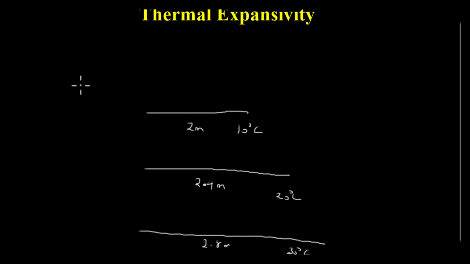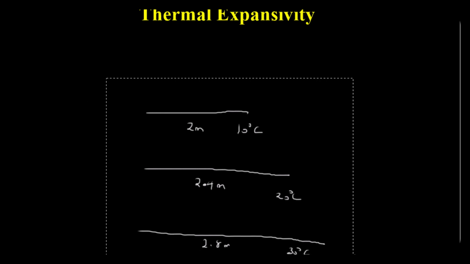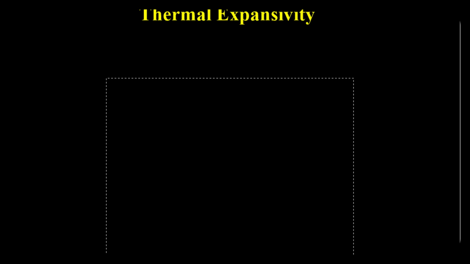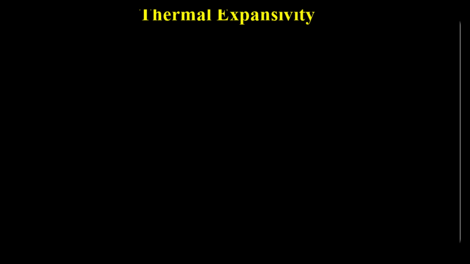But what if we're not dealing with just the length, and we have the length and the breadth? How then do we calculate the expansion? How do we know by how much the solid has expanded? Hence the areal expansivity or superficial expansivity. As the length is increasing, so also is the breadth in the same proportion.